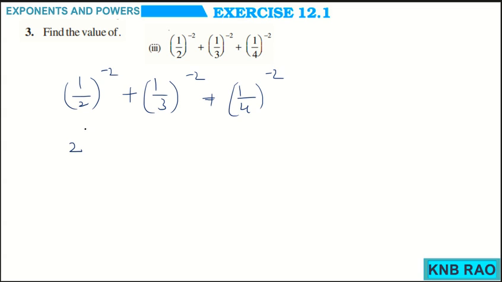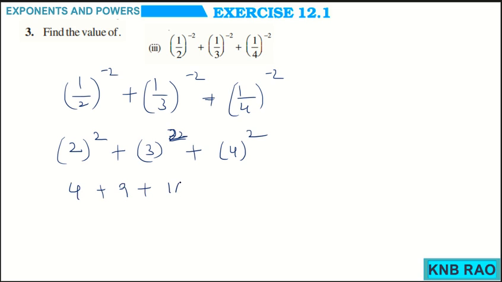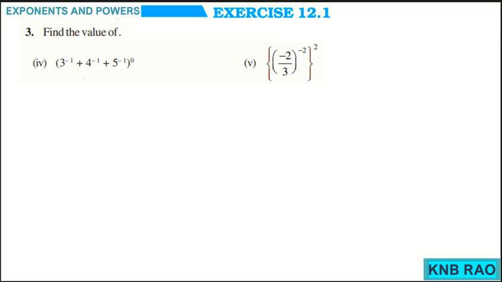So base half is reciprocated, gives 2, 2 square, plus 1 by 3 becomes 3 raised to the power 2, plus 1 by 4 becomes 4 raised to the power 2. So 2 square is 4, 3 square is 9, 4 square is 16. So their sum will give us 29. This is the answer.